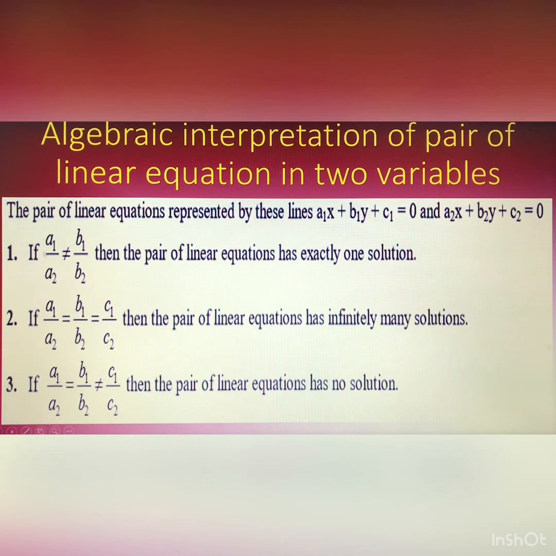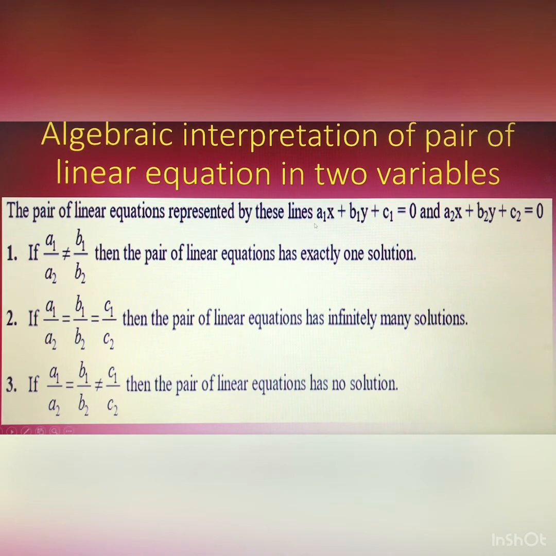If the ratio of the coefficient a1 of x and the ratio of the coefficient of y are not equal, then the pair of linear equations has exactly one solution, that is the unique solution.